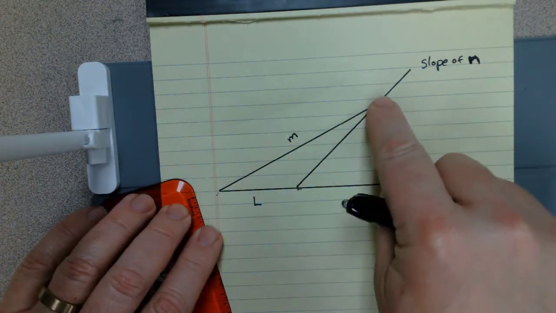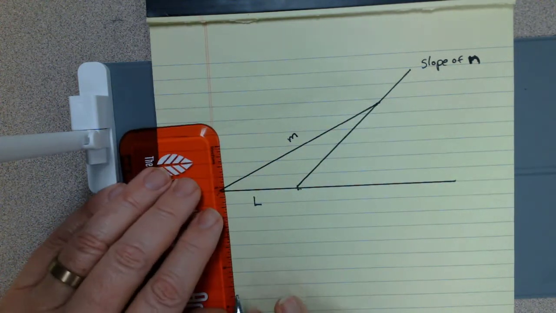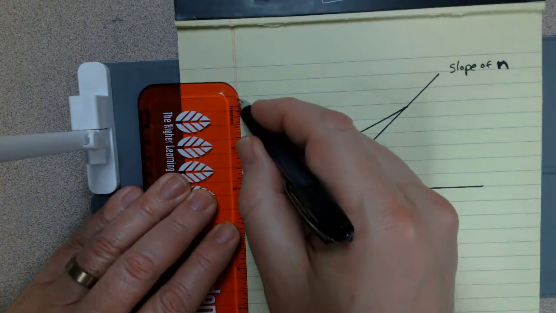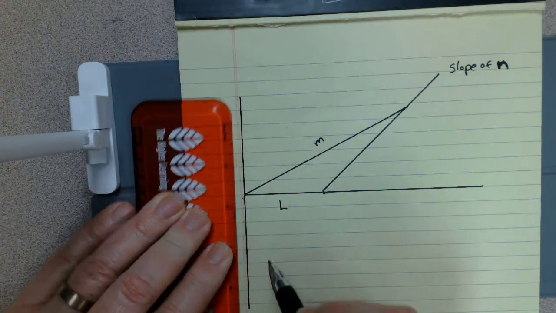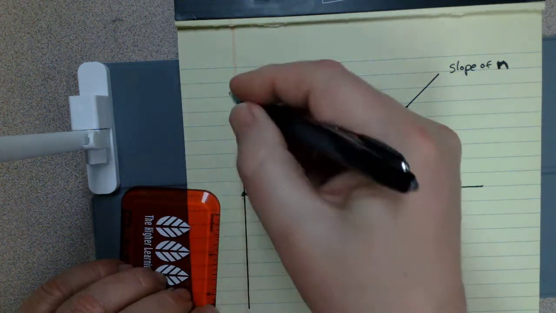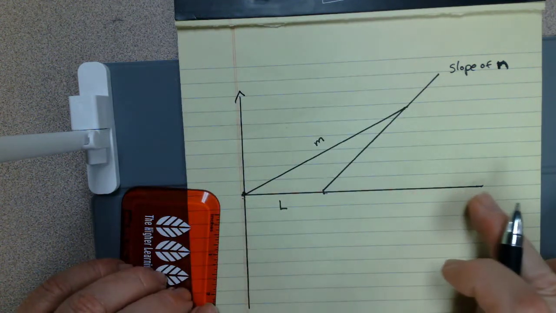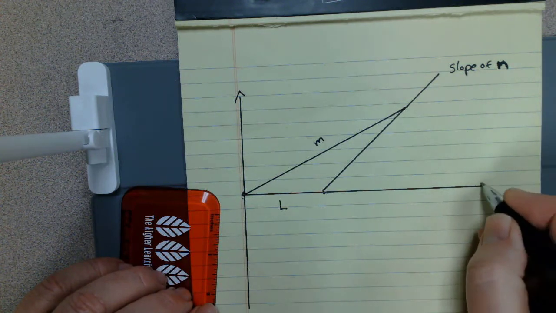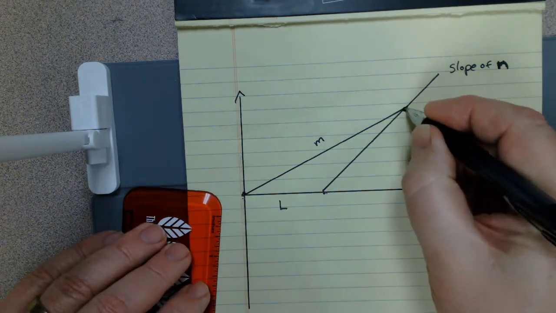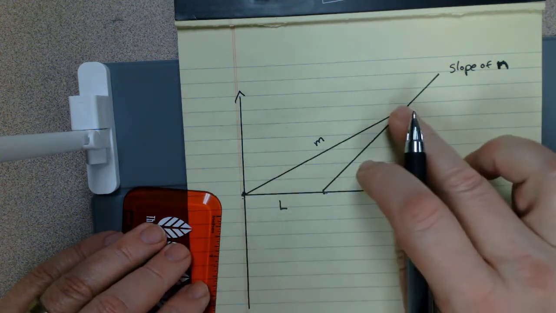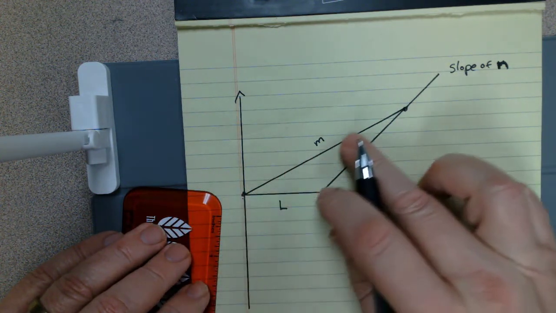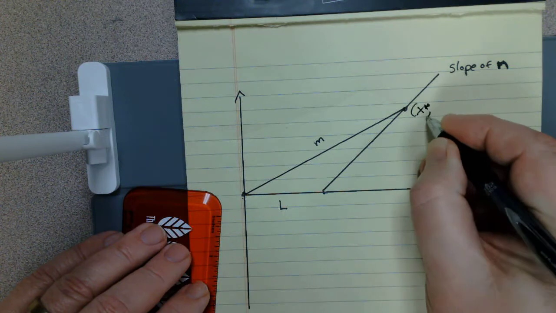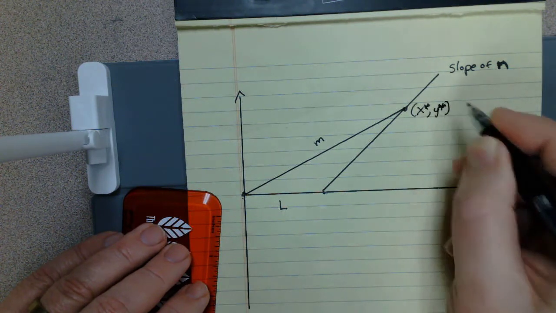I want to know the length of this thing, and for that it's best if I put in my origin here, and so let this be my y-axis, set the ceiling of the porch to be my x-axis, and I'm going to have the point where the line of the new roof intersects the line of the old roof at a point x prime, y prime.